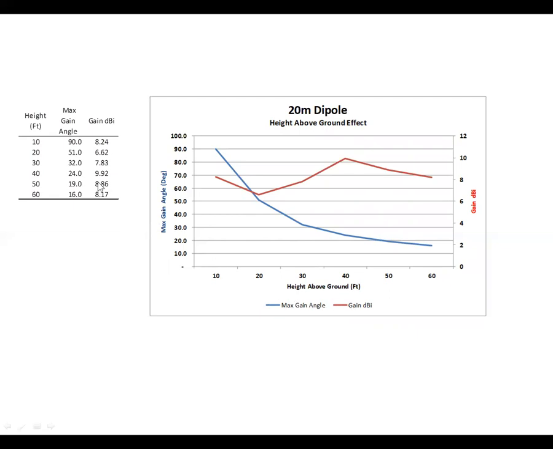And then the gain, the focusing of the energy, you can see here it's maximum at about 40 feet above the ground, but then as you continue to increase the height, you actually lose gain from the antenna.